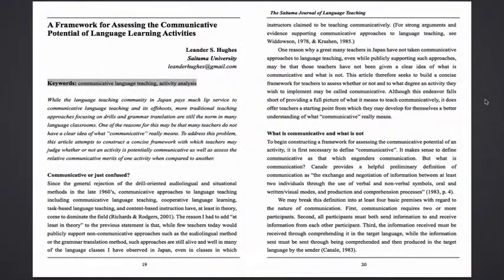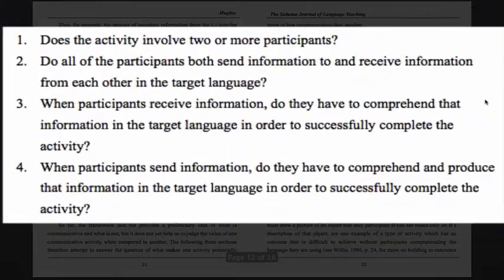It requires 2 or more people. One person is not being communicative. All the people in the communicative activity or exchange have to send and receive information in the target language.